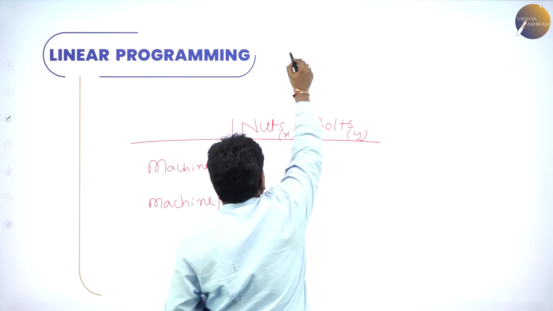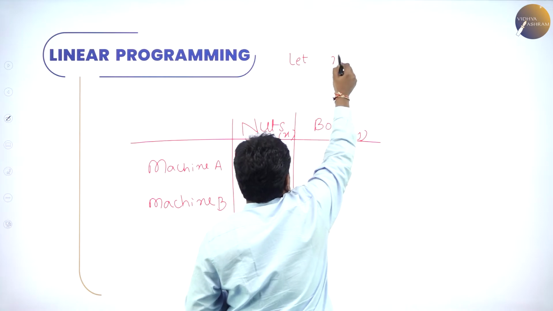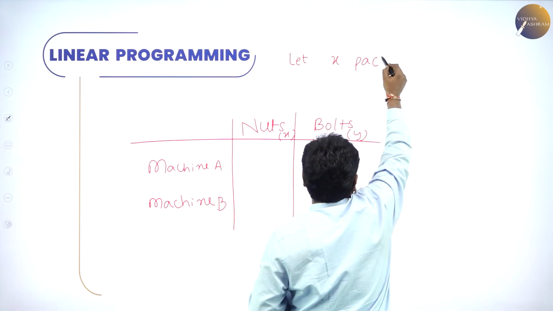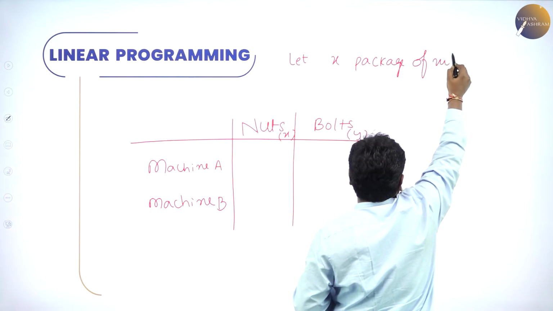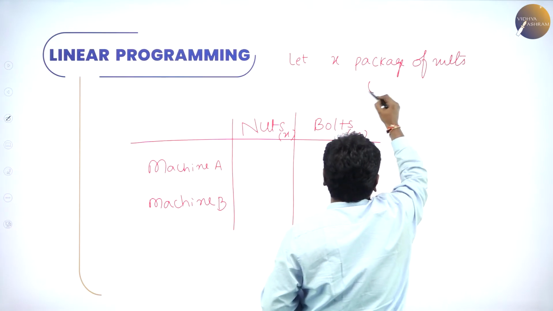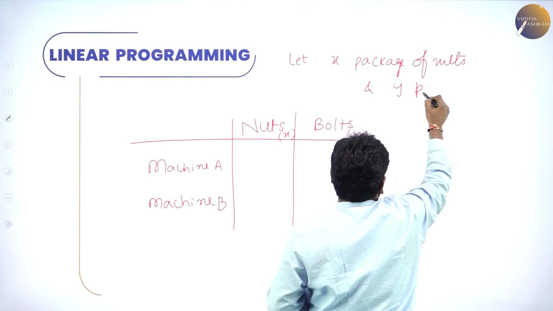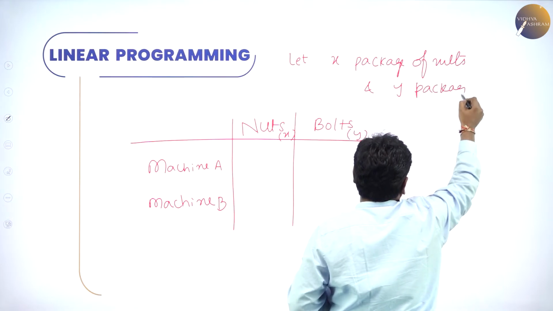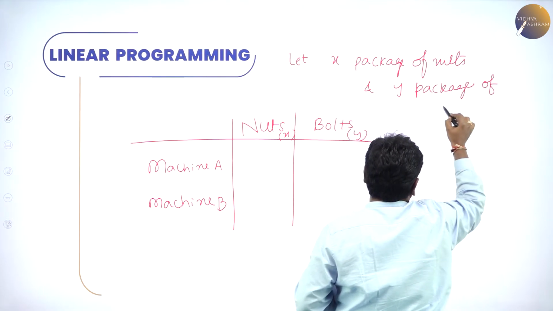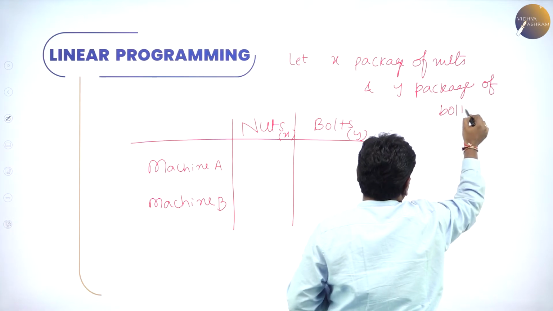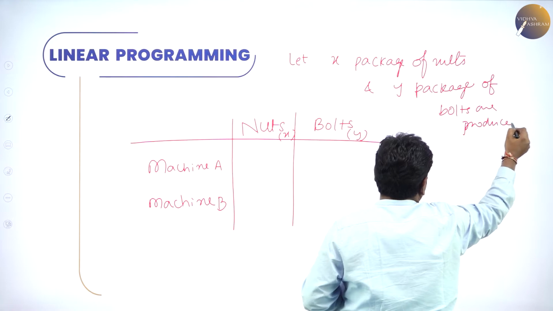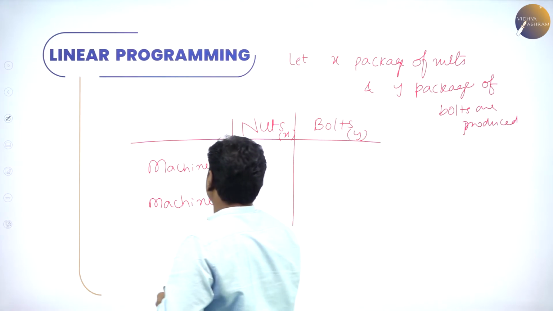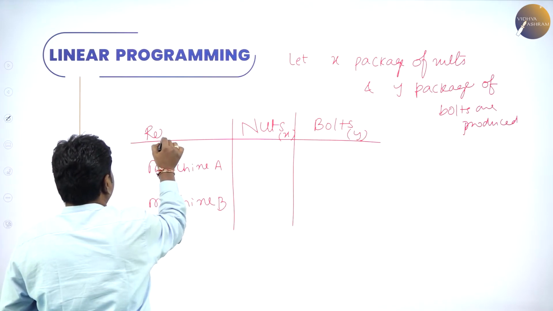So in the beginning we'll assume let x packages of nuts and y packages of bolts be produced. This is our assumption.